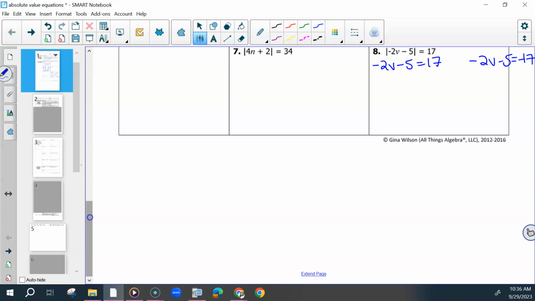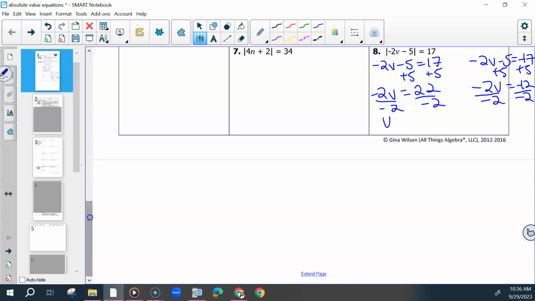Okay, so how would we solve this? We have 22 and negative 2b equals negative 12. And then divide everything by negative 2. So we get negative 11 and positive 6.